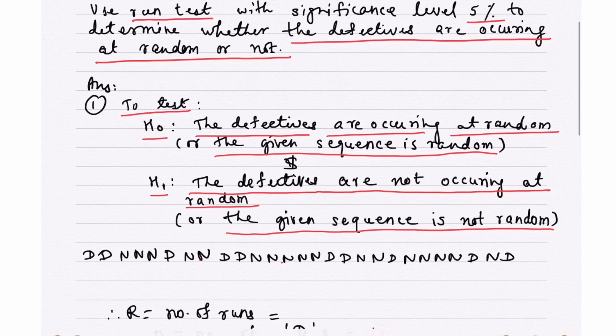Now, first let us write the sequence again. I have written it here as a sequence of D and N's. Now let us go on giving the runs. A run changes when the alphabet changes.